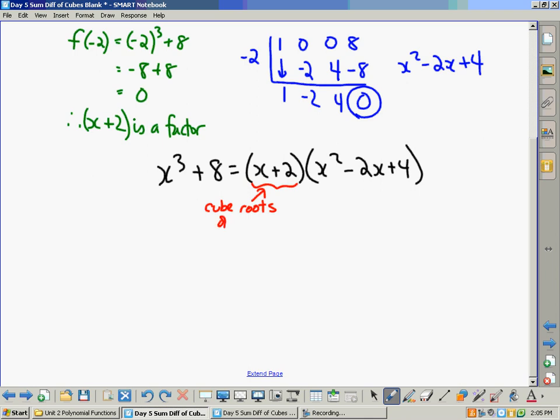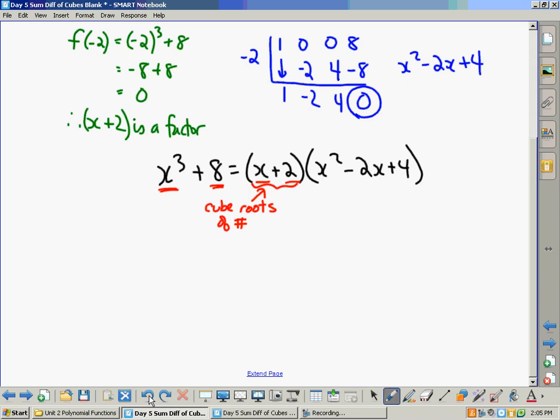The cube root of x cubed is x, and the cube root of 8, what number do you multiply by itself 3 times to get 8? The cube root of 8 is 2. Just like before when we had the difference of squares, we had the square root of the first, square root of the second. This is the cube root of the first, cube root of the second.